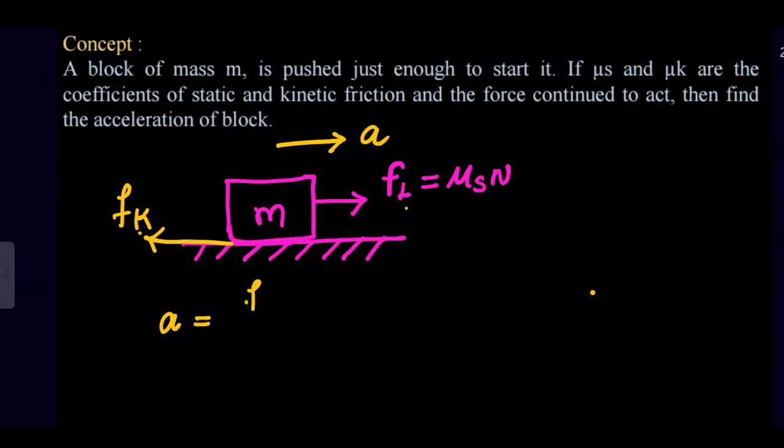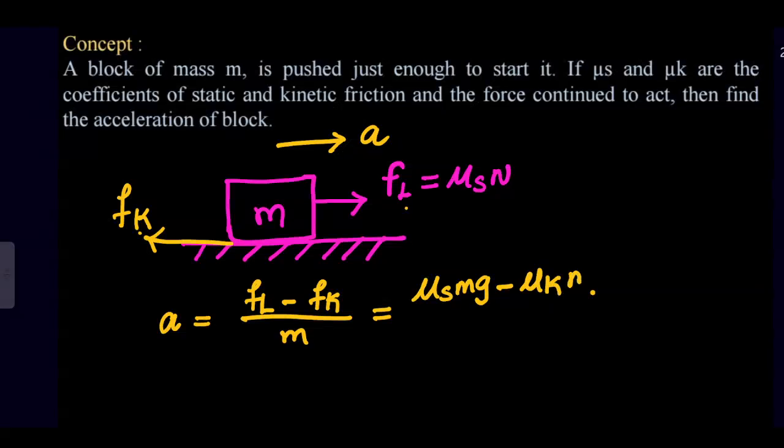Now they ask to find the acceleration. That is, FL minus FK by mass, where N is equal to mg only. So it becomes mu s into mg minus mu k into mg, by m.